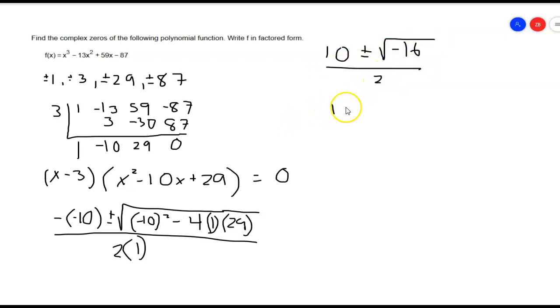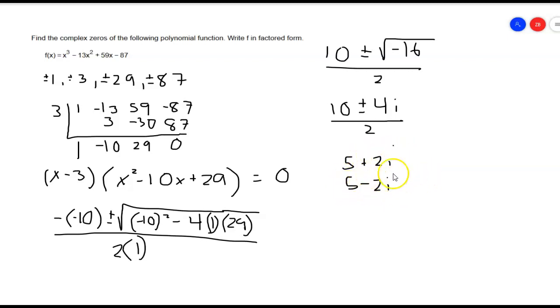Remember, this is an imaginary solution, so we can rewrite this as the square root of 16 times the square root of negative 1, and the square root of negative 1 is i. So this is going to end up being 4i all over 2. And then this finally gives us 2 solutions. If I divide both of these numbers by 2, I'm going to get 5 plus 2i. And I'm also going to get 5 minus 2i.